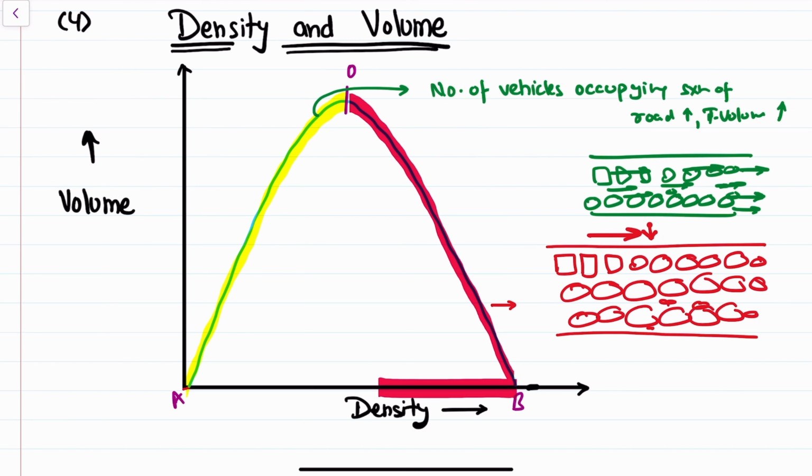The number of vehicles crossing this road section in unit time keeps on decreasing and reaches a point where it becomes zero, where the traffic volume becomes zero. So this point represents the jam density.